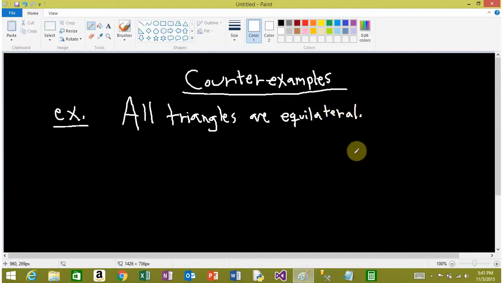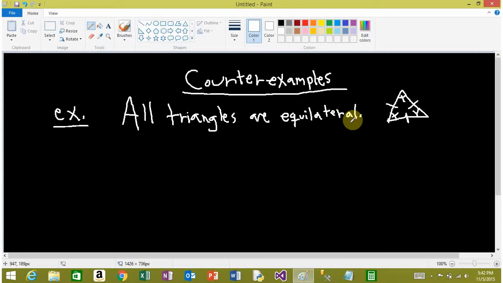So what does that mean? It means that triangles all have the same side. All their sides are equal length, and also the angles across from those sides are congruent as well. Equiangular, equilateral as well. But of course we know that is false, right?